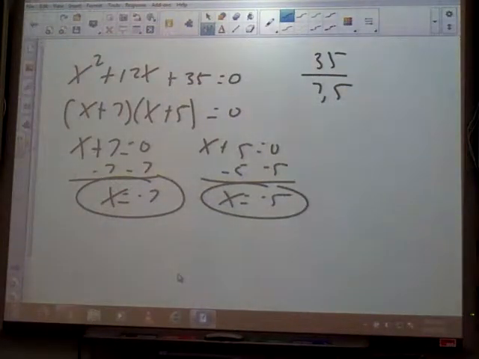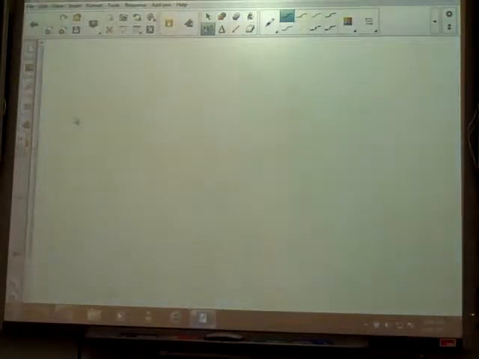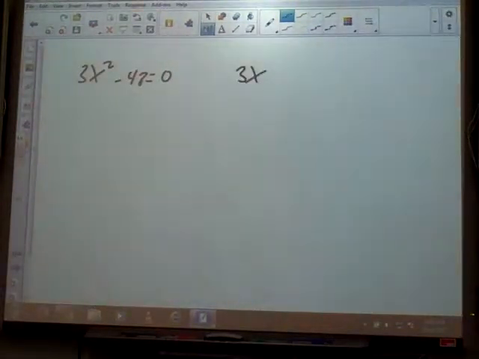Gotcha. All right, number 2 is like the bell ringer. I've got 3x squared minus 48 equals 0. If you choose quadratic formula, your b would be 0. When I don't have a b, I'm going to do it like I did on the bell ringer, and solve it algebraically. So I'm just going to isolate the x, move that 48 over. So I would add that, I have 3x squared equals 48.